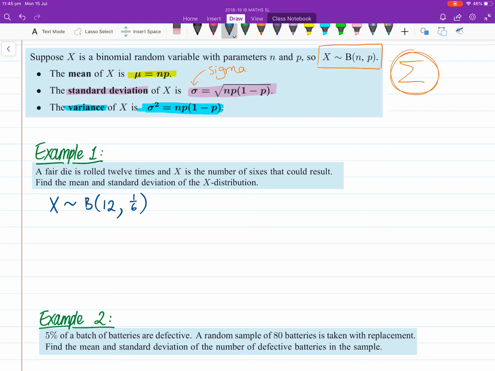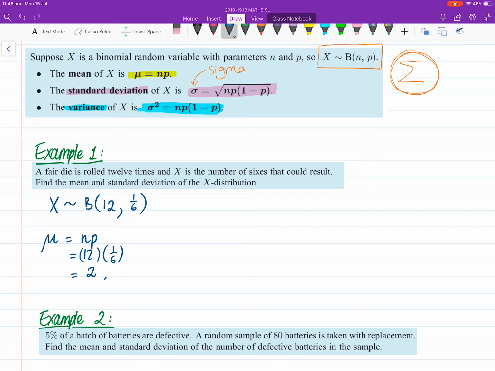It says find the mean and the standard deviation, so you've got two parts here. Let's do the mean first. Mu equals n times p, so 12 times 1 on 6, very easy. We get 2, so 2 is our mean.